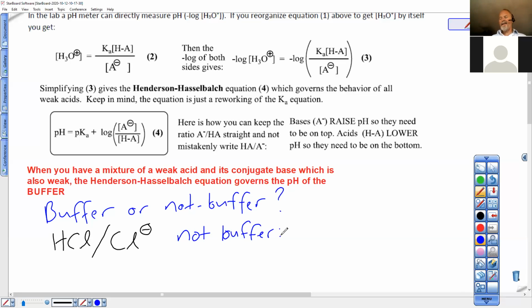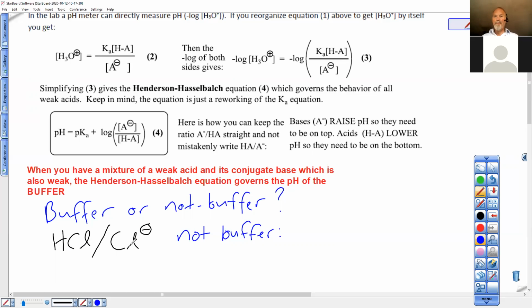If I add a base to my buffer, it will be neutralized by the acid in the buffer. If one of those two species is strong, like HCl, this thing can neutralize any base you add to it, no problem. But because HCl is strong, chloride minus is no kind of base for a buffer at all.